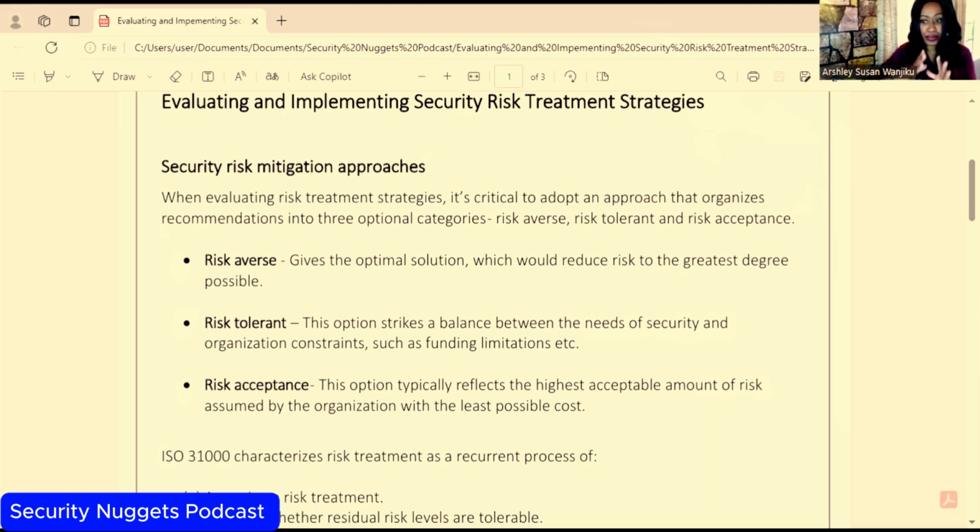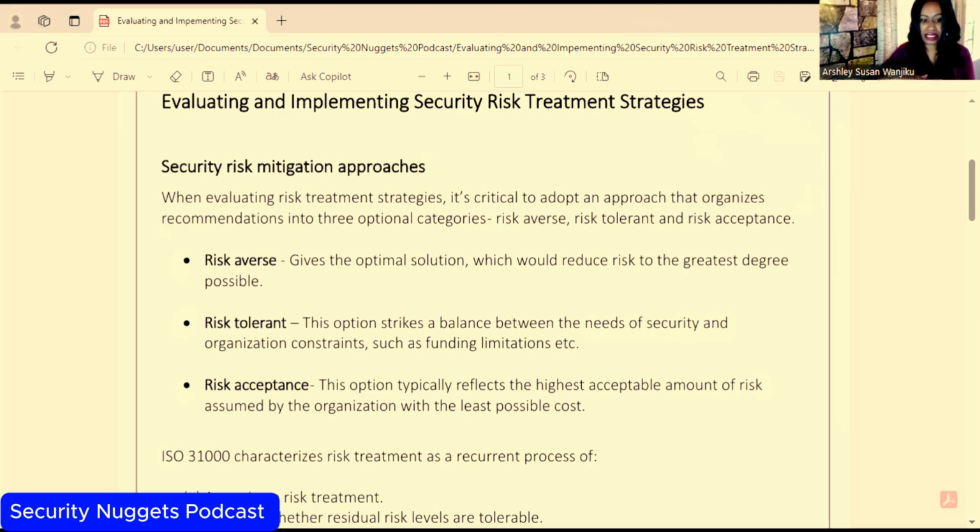This approach or option aims to strike a balance between the needs of security and the organizational constraints, such as funding limitations, et cetera.